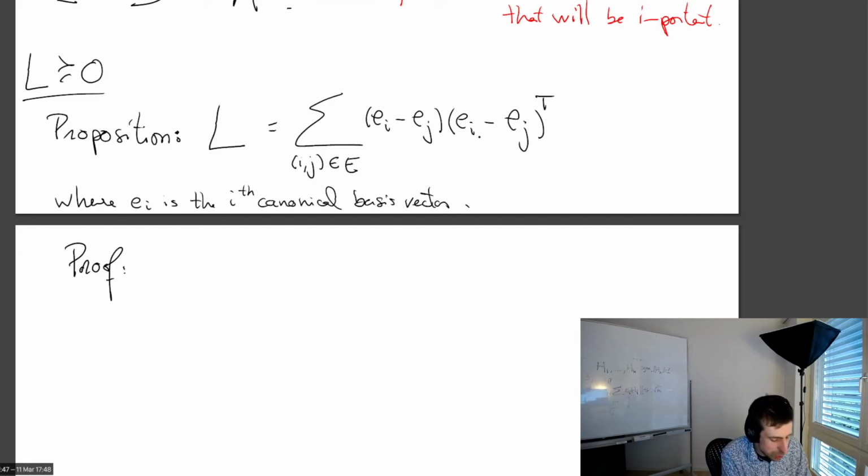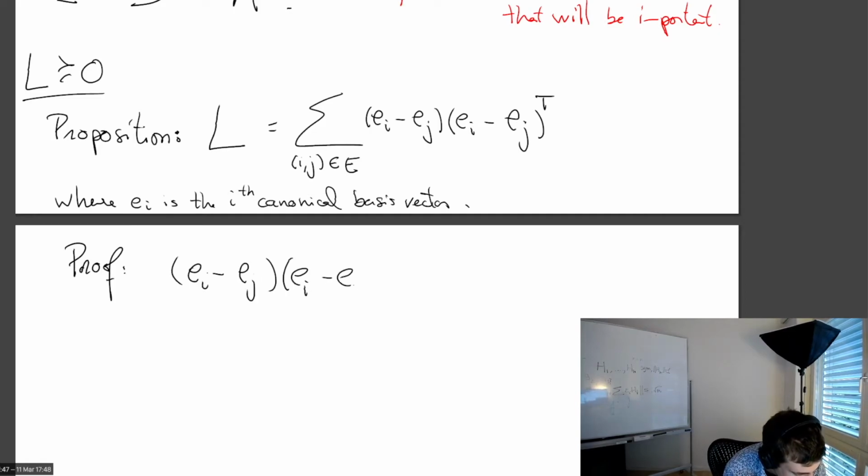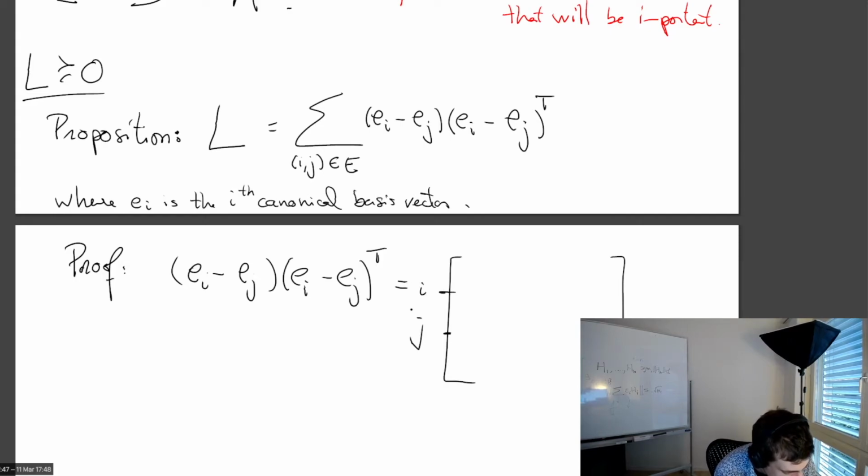But okay, maybe what I should say, let's think about what this matrix looks like. Okay, what is this matrix? You put entry i, entry j, entry i, and entry j. This is a matrix that has a 1, a -1, a 1, and a -1. Right, it's exactly what this object is.